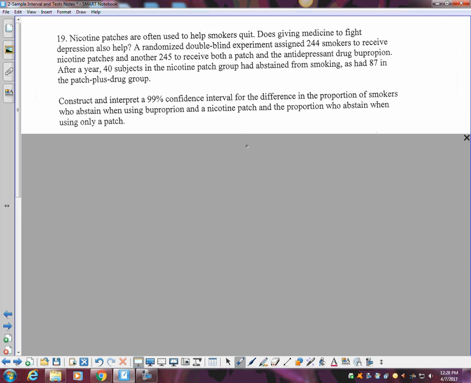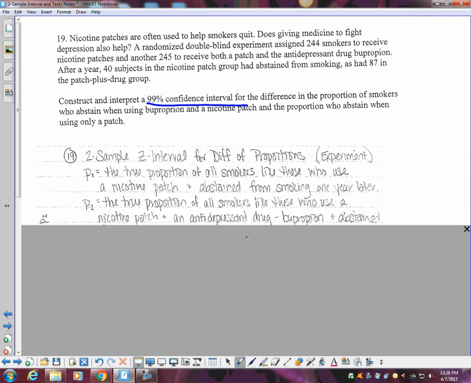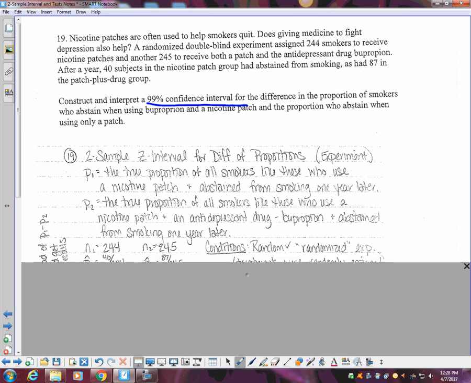So both groups are getting the nicotine patch, but one group is getting the depression drug and one is not. It says right here we're doing a 99% confidence interval. So here we go. Two sample Z interval for the difference of proportions. And it is an experiment because we are imposing a treatment.